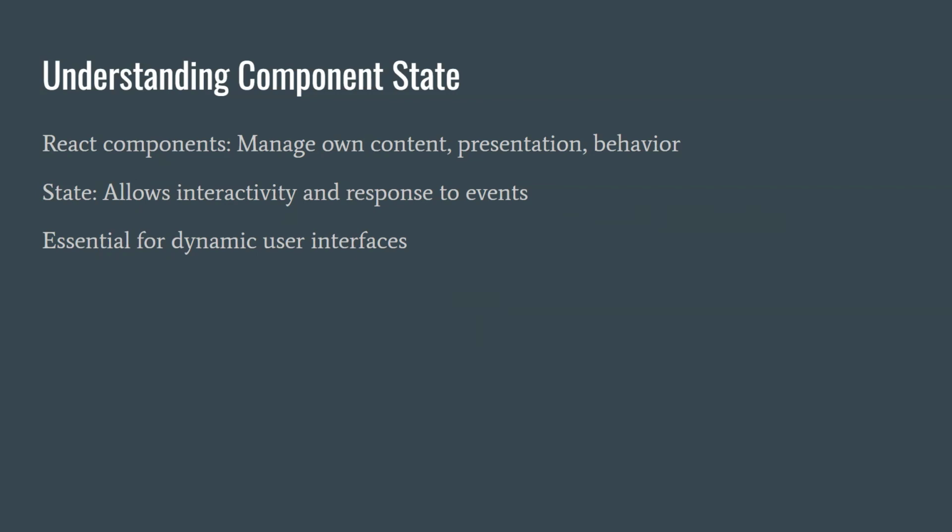And this is where state comes into play. State allows components to remember certain pieces of information between renders, and therefore makes it possible to create dynamic and interactive user interfaces.